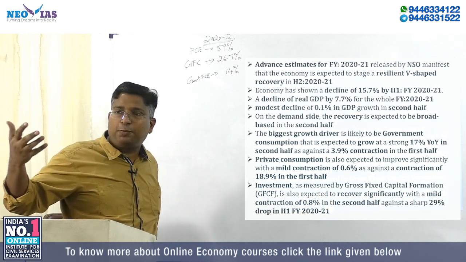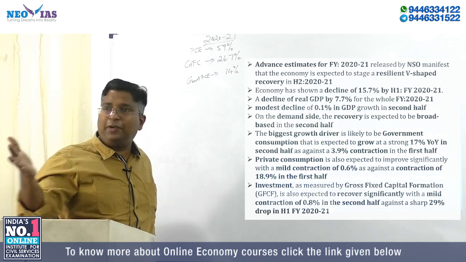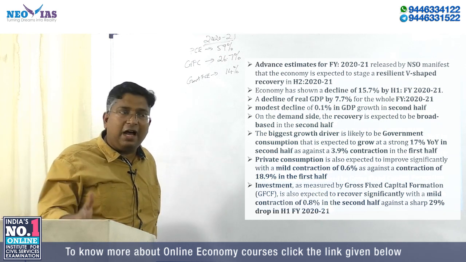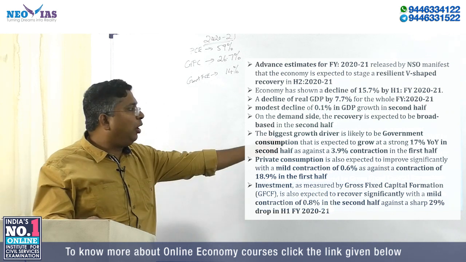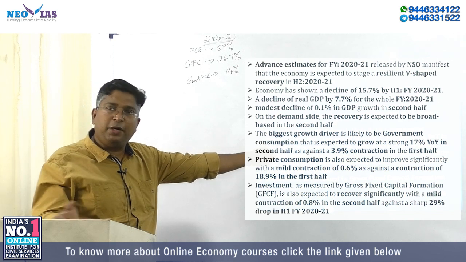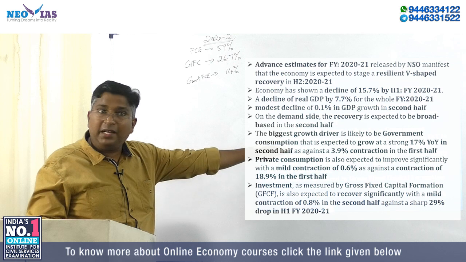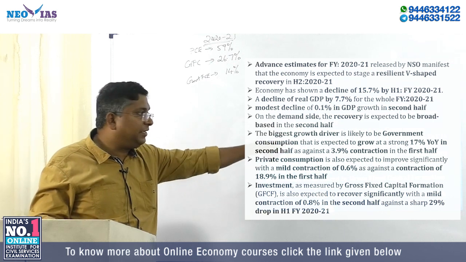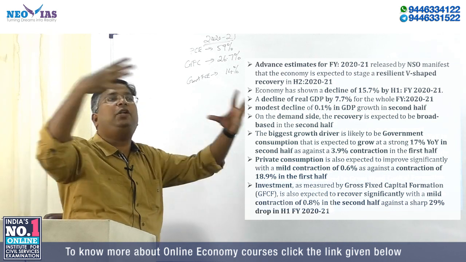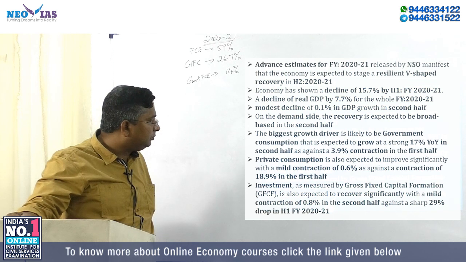We introduced the productivity linked scheme, we increased capital expenditure, everything started in the second half only. So in the first half, even the government expenditure was not that high. It is saying that in the first half, the government consumption compared to the previous year has contracted, but in the second half, it is having a high growth of 17%.